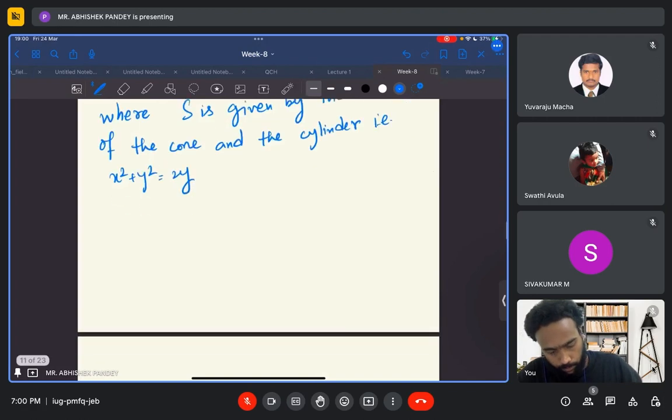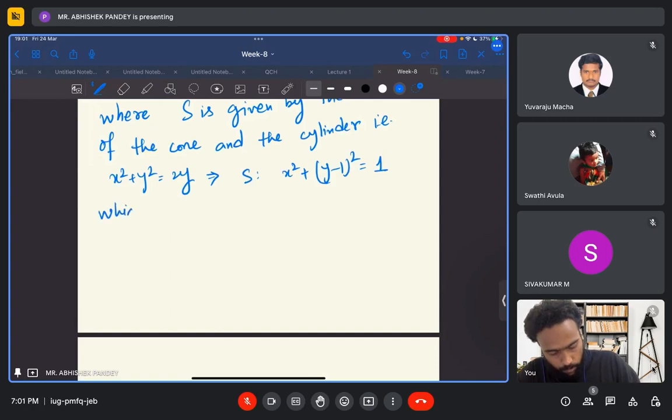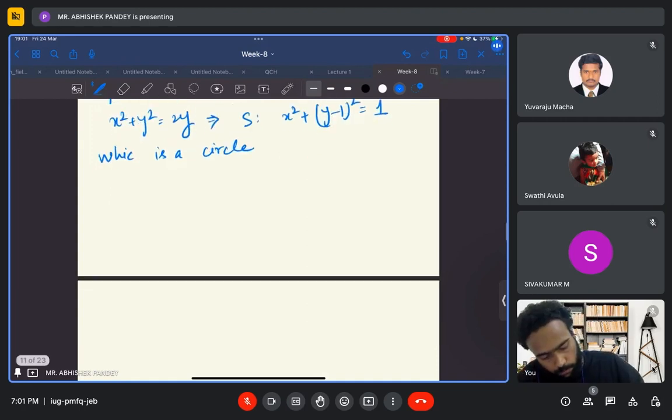Okay, and this will give you what? So x square plus (y minus 1) square is equal to 1, which is a circle with radius 1 and center (0, 1).